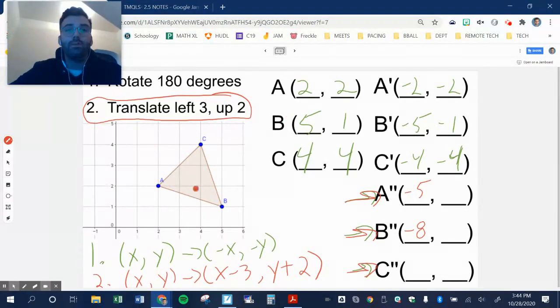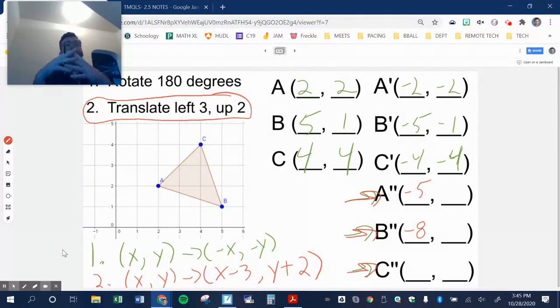I started with ABC, and then I rotated 180 degrees. Now I take that 180 degree rotation and translate it and move it around. I don't take the original and shift it, because then there'd be three different triangles.